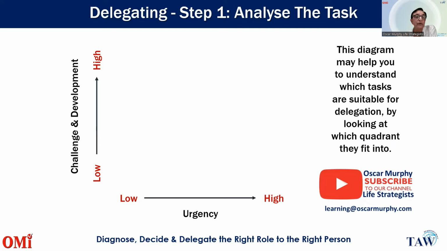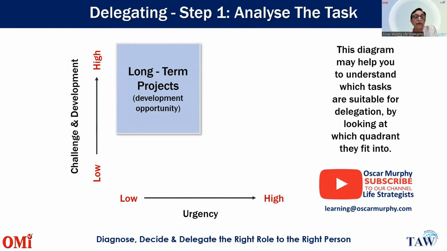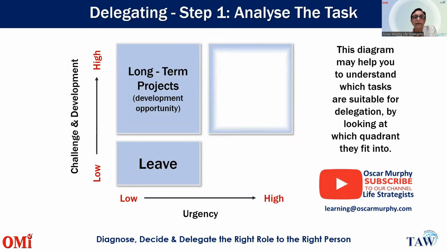And on the y-axis, you have challenge and development, again from low to high. So if the challenge and development is very high, while the sense of urgency is low, that's long-term projects. And there is a developmental opportunity when you delegate the task. But of course, if the sense of urgency is low or the challenge and development is very low, it's okay.